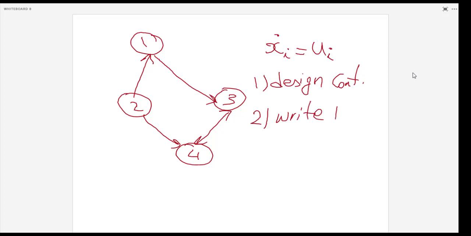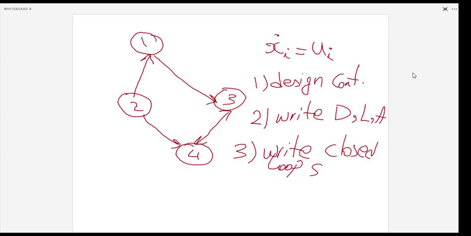Second step, write D, L, and A. Third, write the closed loop systems. Okay, write this problem and send me the solution in Telegram or email.